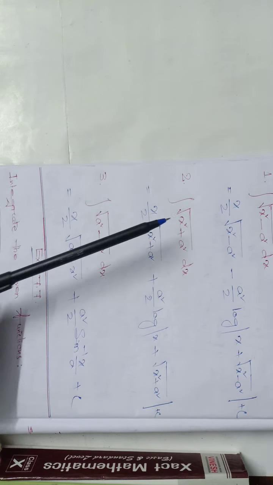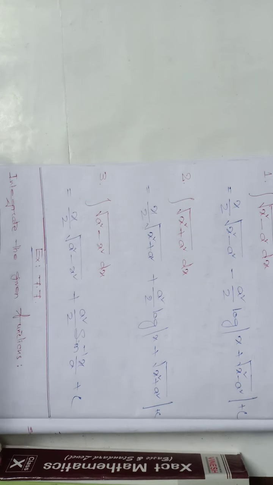Second one is integration of root over x square plus a square dx, and it is x by 2 root over x square plus a square plus a square by 2 log of mod x plus root over x square plus a square.